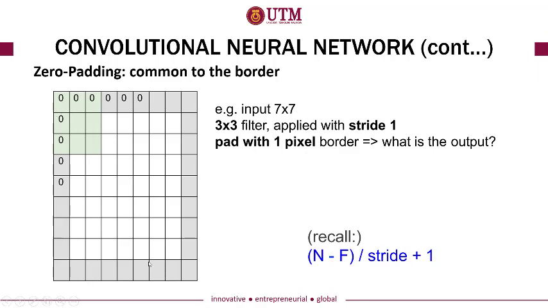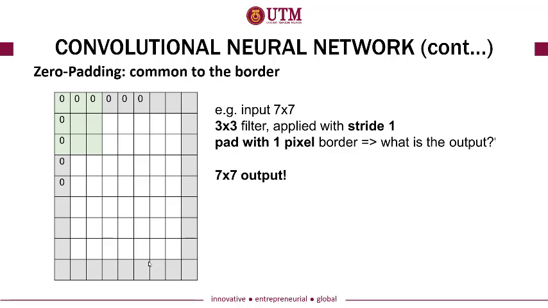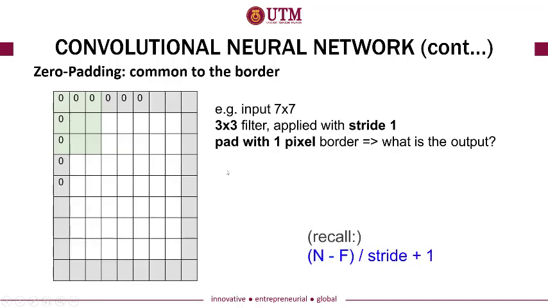I already discussed this in the previous example. At the end, the output size is still maintained at 7 times 7 because you add dummies. You enlarge the matrix with 1 line of pixels, and then you put 0 0, which is considered as dummy numbers. After you apply the convolution, the output is 7 times 7, which is similar to the original size of your input matrix, which is 7 times 7.